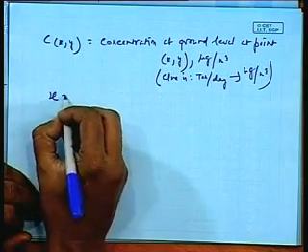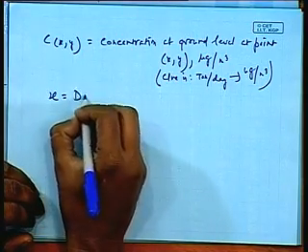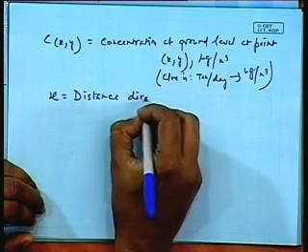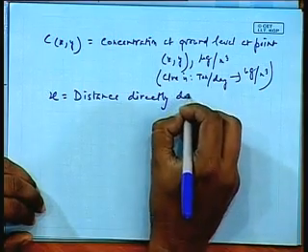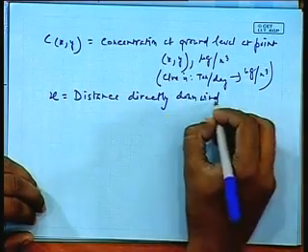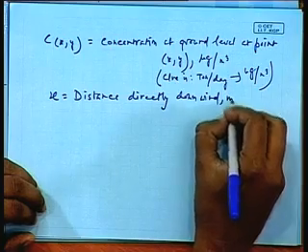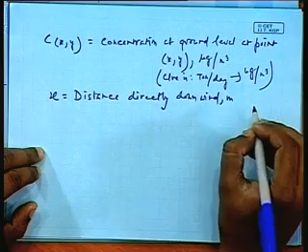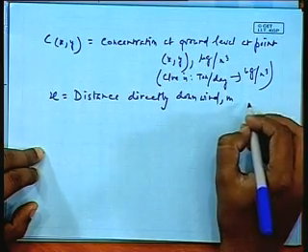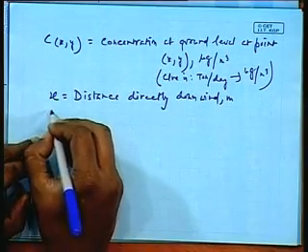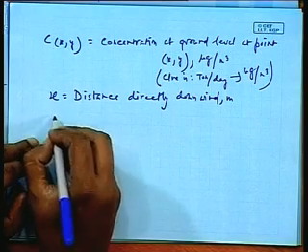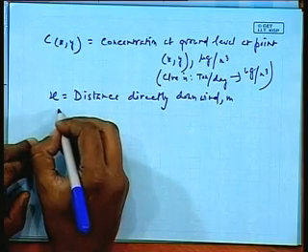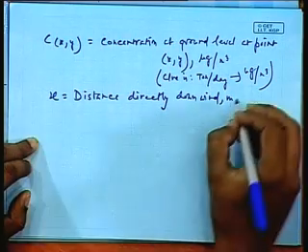X is equal to the distance directly downwind, in meters, downwind along the center line.